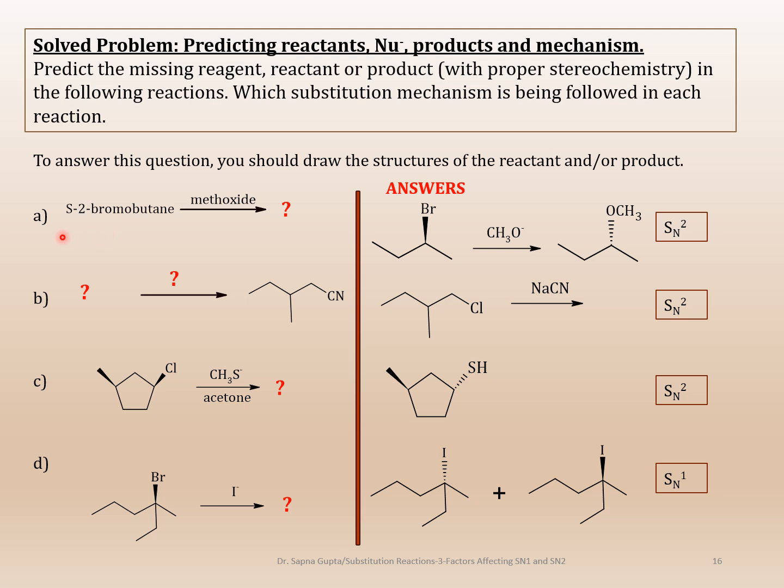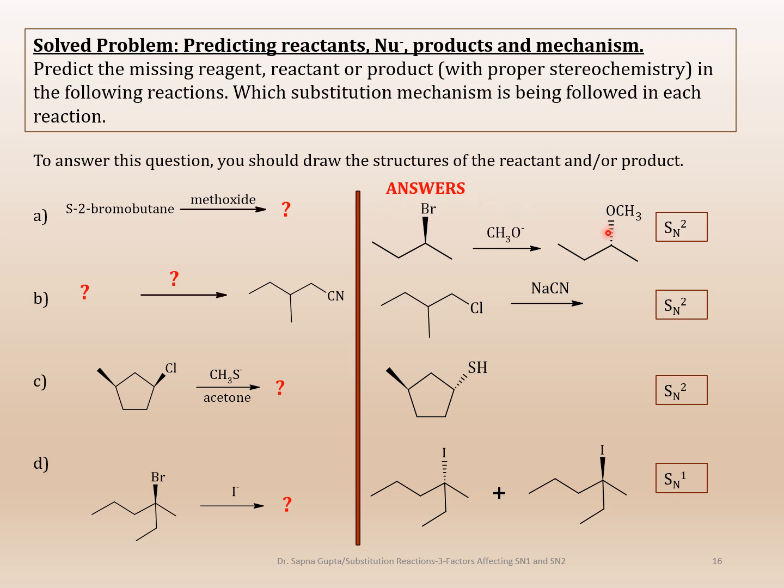In this case, S-2-bromobutane, so this is the structure for S-bromobutane. Methoxide is just methoxide. I haven't said sodium or potassium methoxide. I could easily say that also, but I just wrote methoxide. So what is the product here? This is the nucleophile kicking off the bromide.